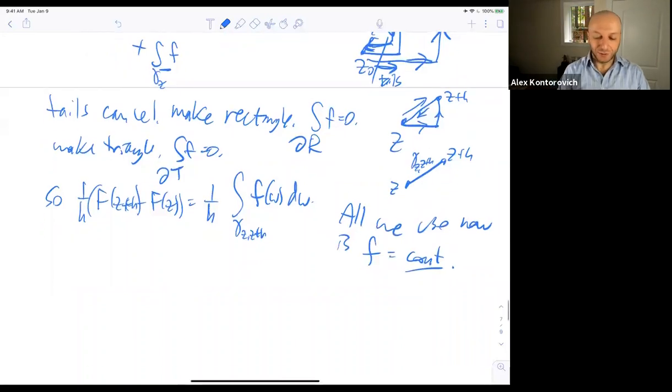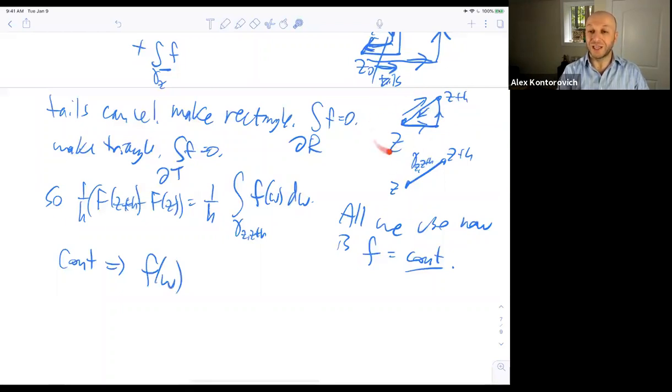Okay? By continuity, what does continuity mean? Continuity implies f of w, you see, now we've zoomed way in. Now h is very small, so we're in a tiny neighborhood of z. All the action is happening in a tiny neighborhood of z. So f of w is f of z plus something that goes to 0 as w goes to z, big O of w minus z.